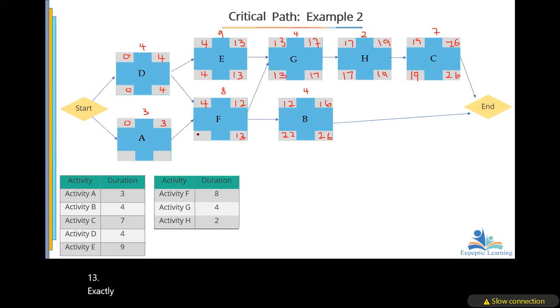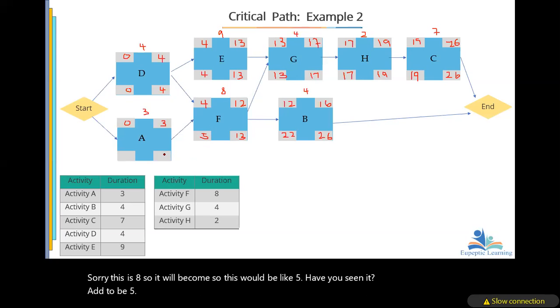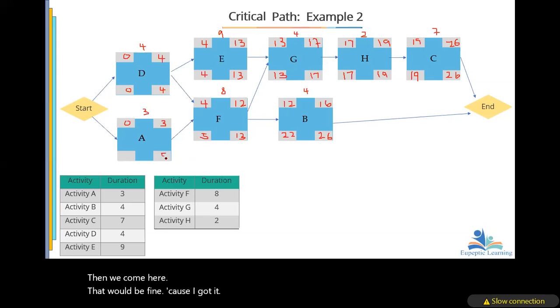So 13 minus 4 will give us 8, sorry, this is 8. So this will become 5. Have you seen it? Yeah. Then we come here, that will be 5. Is that not it? 5 minus 3, and this one is going to be 2.